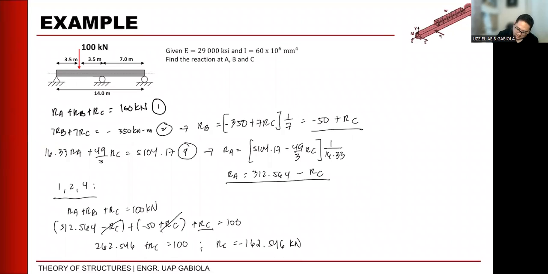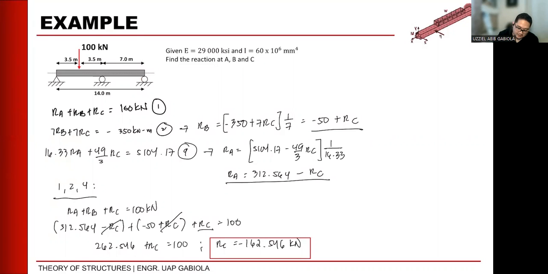Na ang value daw ng RC ay negative. Ibig sabihin, yung assumption natin na upward siya kanina should be downward. Kasi nga, yung ating elastic curve dito is paganyan. So kailangan niyang i-bring down yung RC, yung ating value para bumalik siya sa 0. Okay?